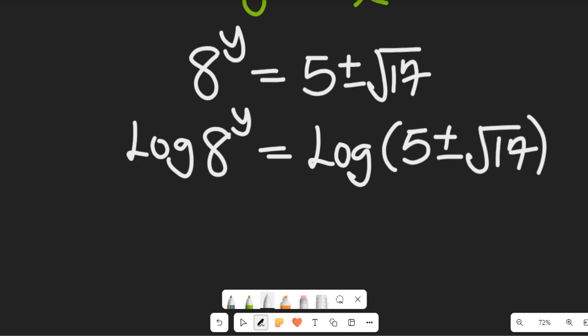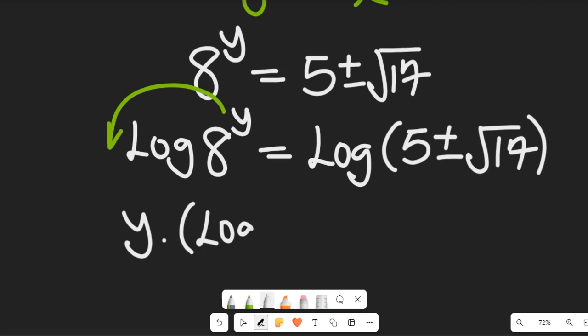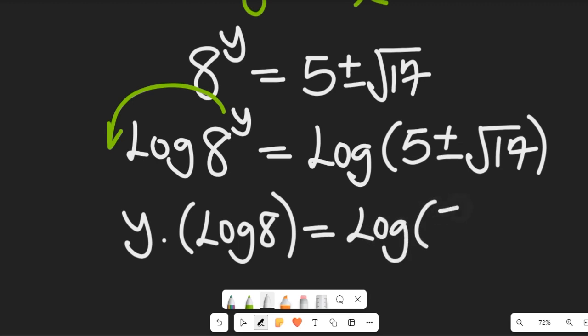So from the laws of logarithm, this y, which is a power, will come over here to multiply the main logarithm. So we'll have this become y multiplied by the log of 8, and this will be equal to the log of 5 plus or minus square root of 17.